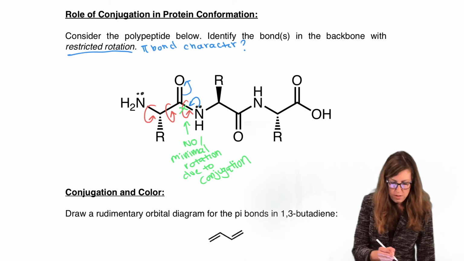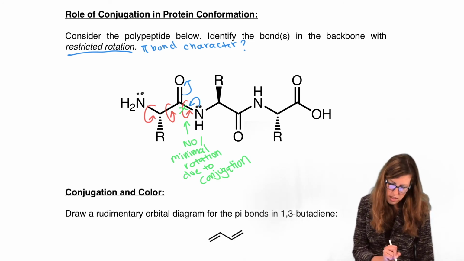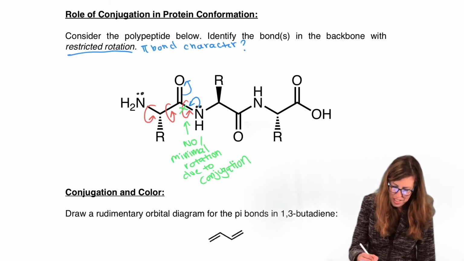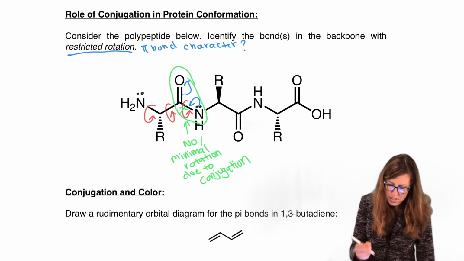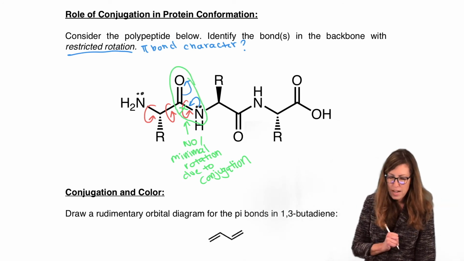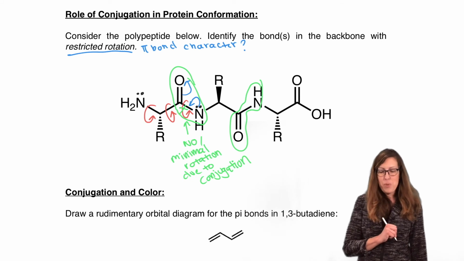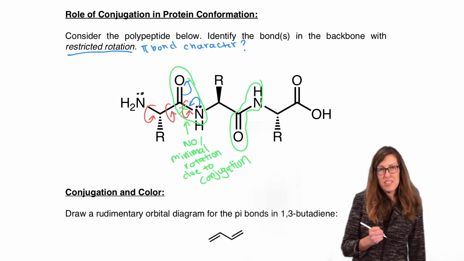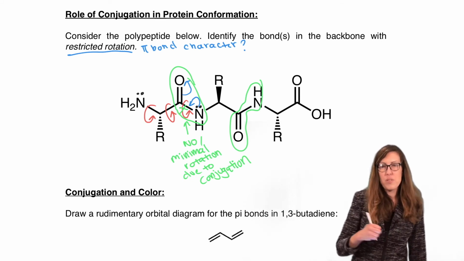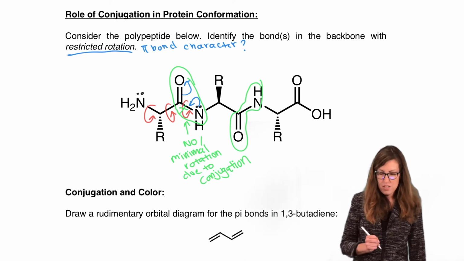That's restricted rotation. So is there a color I haven't used? I'll keep with green. So this has restricted rotation. That'll stay planar. Do we have any more amide linkages? Yes. This one stays planar. So watch out for that when you have proteins. This is a continuous concept that builds into other classes.